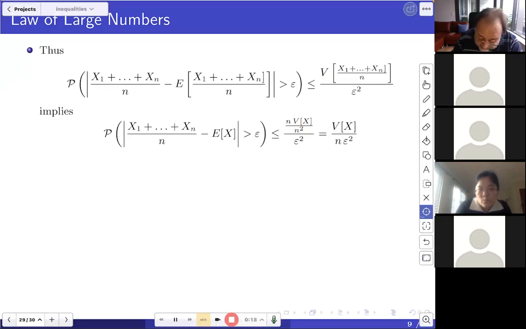Then the variance of the sum of independent random variables is equal to the sum of the variances. In this case, by our assumption, all variances are the same.